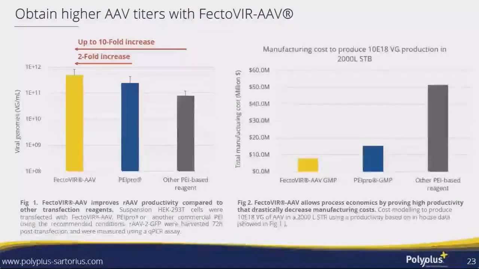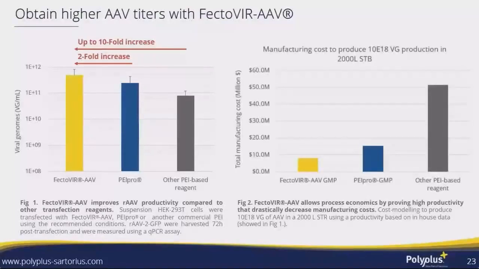And basically, when you think about increasing the titer, you are actually decreasing your costs exponentially. Because if you take into account a large-scale bioreactor, a 2,000-liter bioreactor, if you want to produce a certain amount of doses to treat patients, and with a poorly adapted process, you need to run, for example, 10 2,000-liter bioreactors to treat all of your patients.